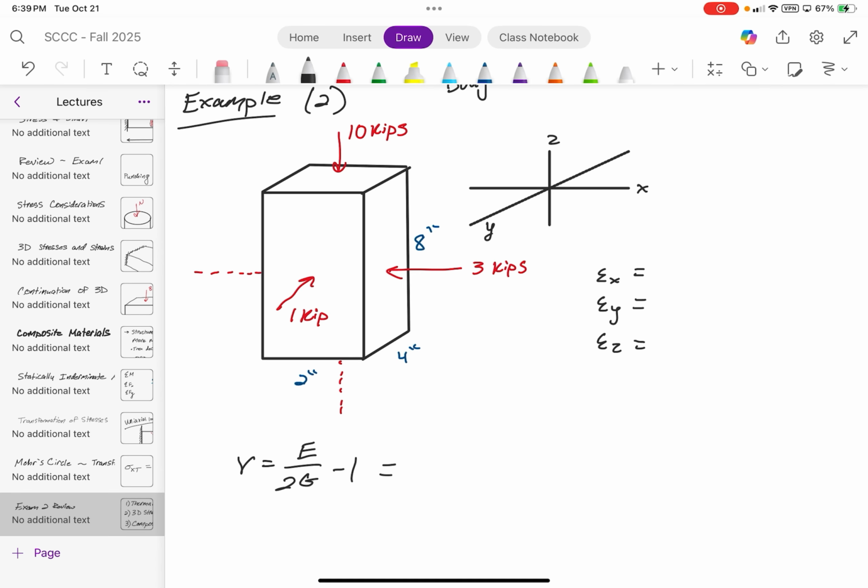I need a calculator. Give me a calculator. I'll trade for 2 bonus points. I gotta see this. 8.5? Poisson's ratio should be nowhere near that big. It's 1900 over 2 times 100, minus 1. 8.5.